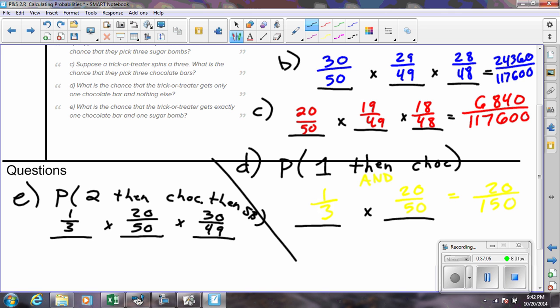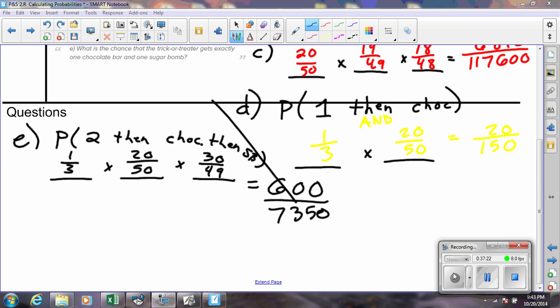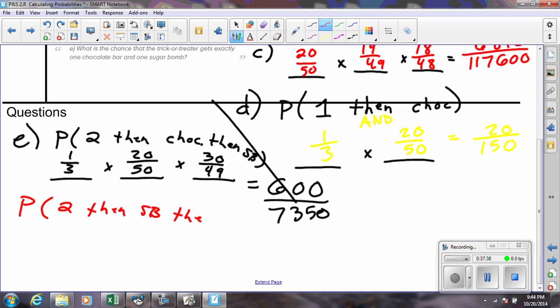So multiplying these pieces, 1 times 20 times 30, that is equal to 600. And 3 times 50 times 49 gives us a denominator, 7,350. So this part gives us the probability of getting a 2, then a chocolate, then a sugar bomb. But we discounted the possibility that you can get the 2 and get the sugar bomb first, then get the chocolate. These are 2 different paths, and so there are 2 different probabilities.